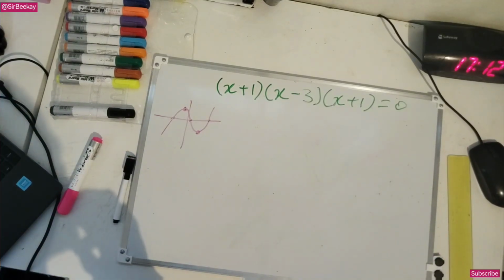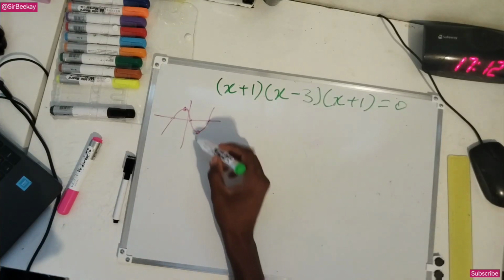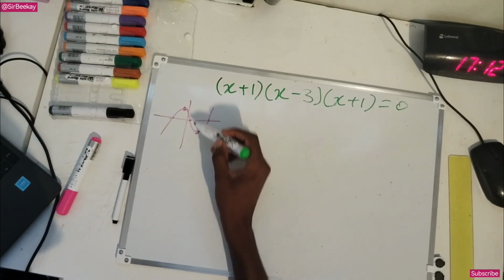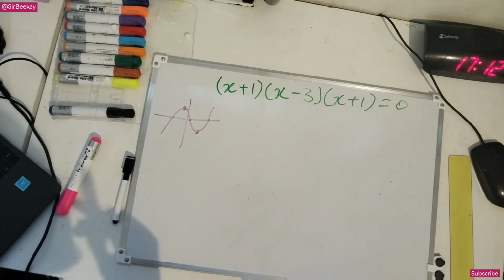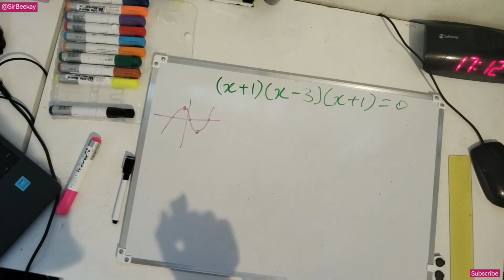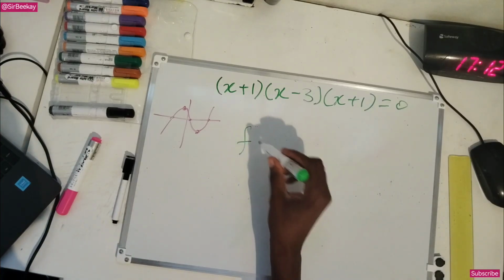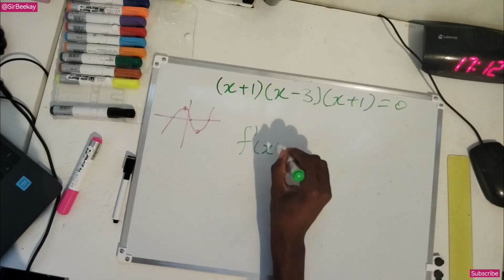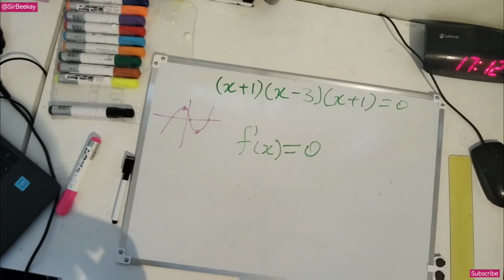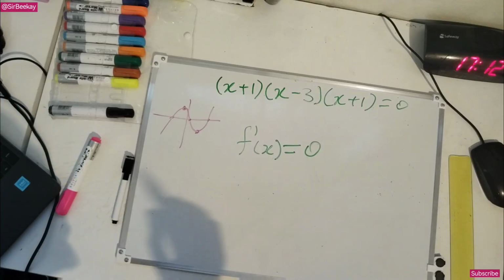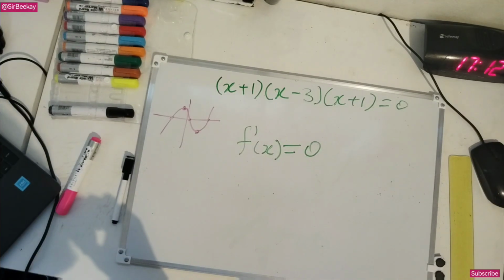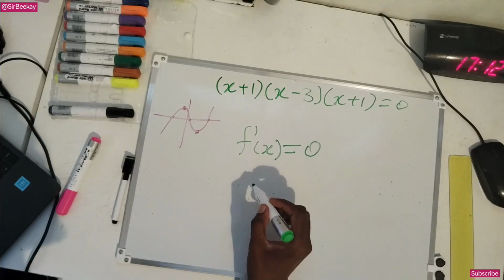All right. So for us to get the x values of our local minimum and our local maximum, we must equate the derivative, the f prime of x, to 0, and then solve for x. That will give us the two x values of our maximum and minimum points.